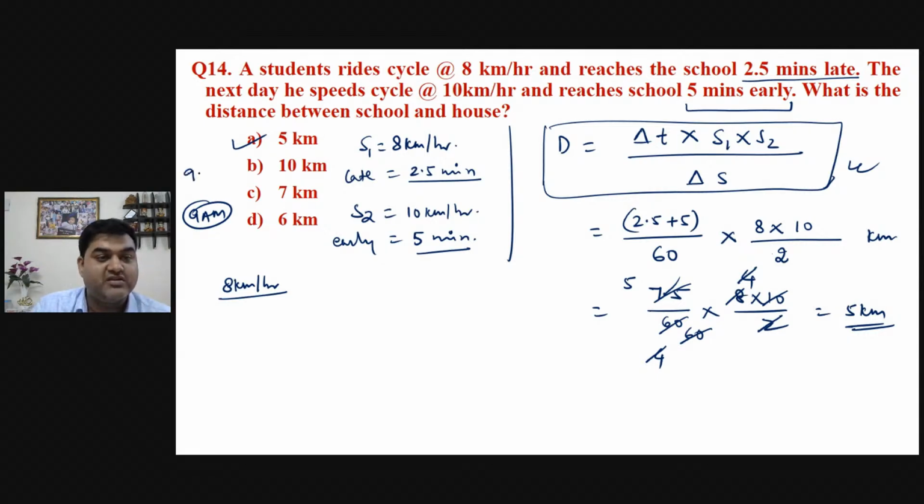That means 9:00 a.m. How many minutes early? Here 2.5 minutes, sorry, late. At 10 kilometer per hour, 5 minutes early.